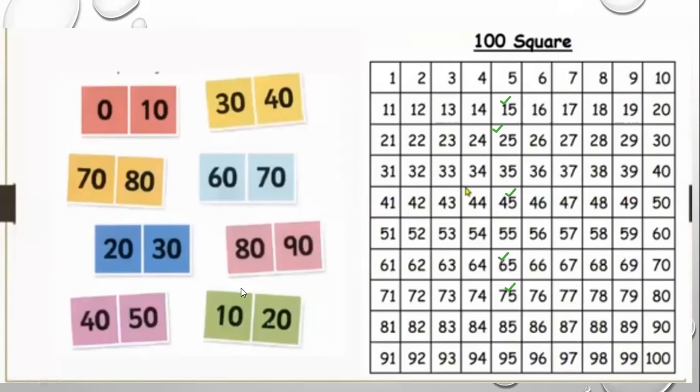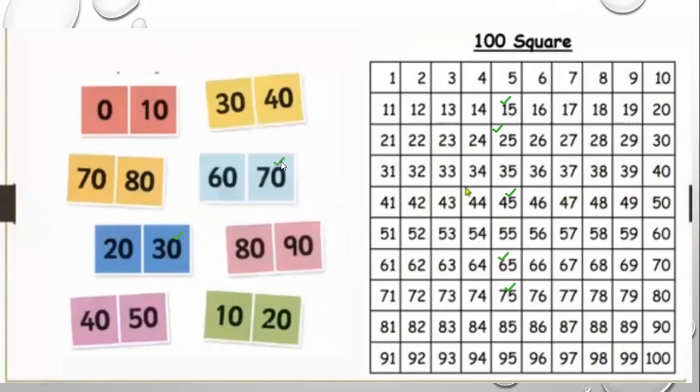So that's all, 80 and 90, 40 and 50. This is your homework. You have to find the middle number, the midpoint, of all these numbers that are given in your book.